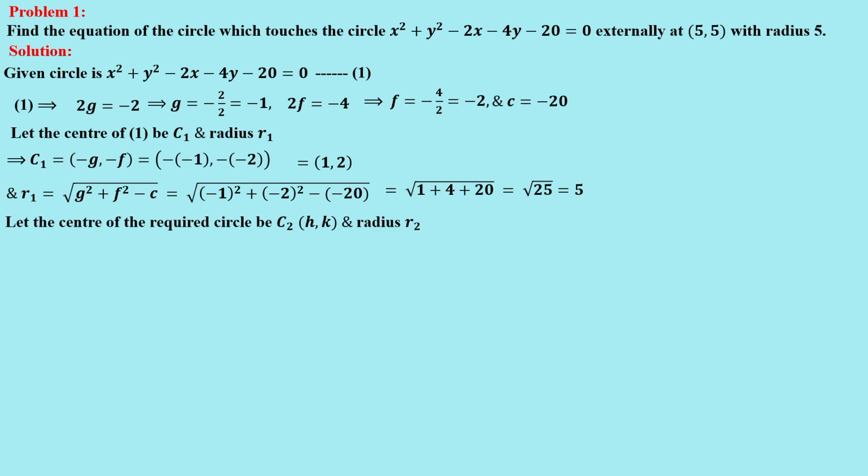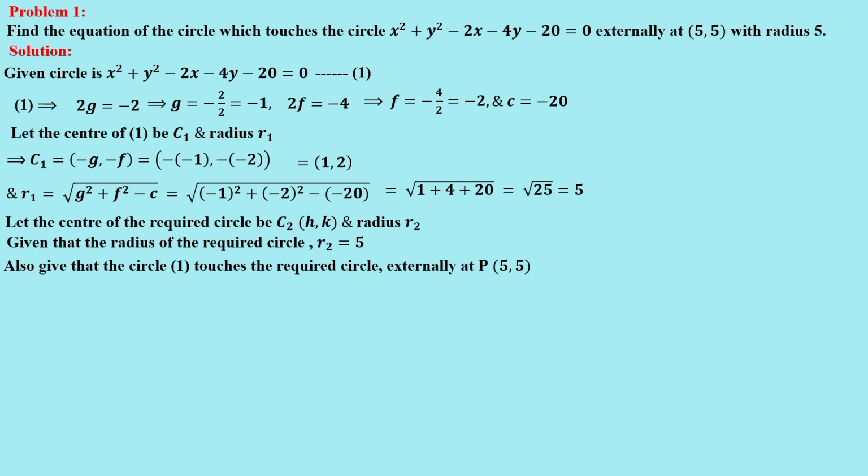Let the center of the required circle be c2, let it be h comma k, and radius r2. So given that the radius of the required circle is 5, that means r2 is equal to 5. Also given that the circle 1 touches the required circle externally at the point P, 5 comma 5.